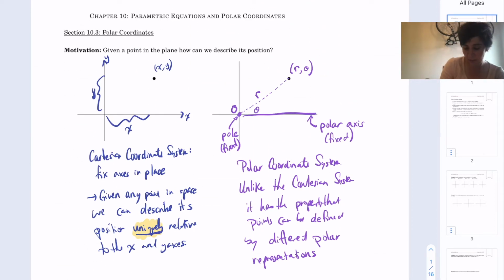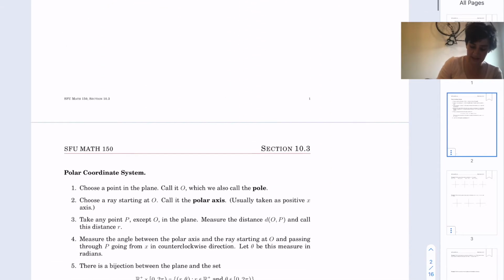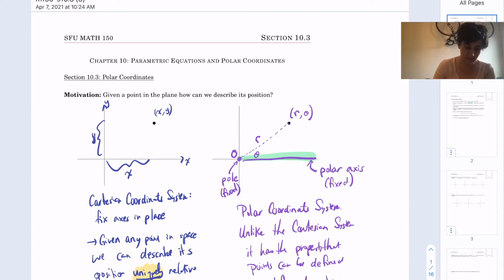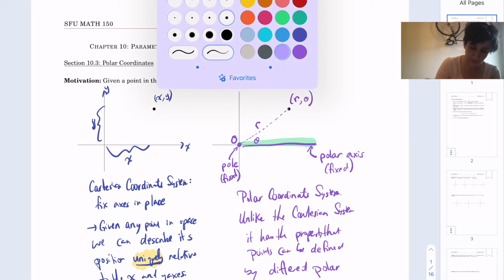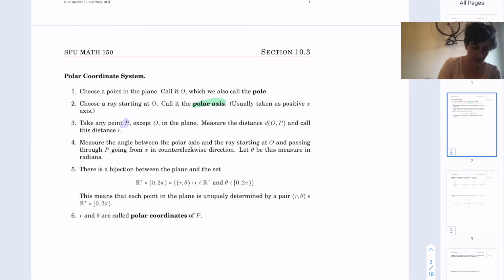So there's our polar axis. Take any point P except O in the plane. This is my point P. Measure that distance, call that distance r. That's what we talked about there.